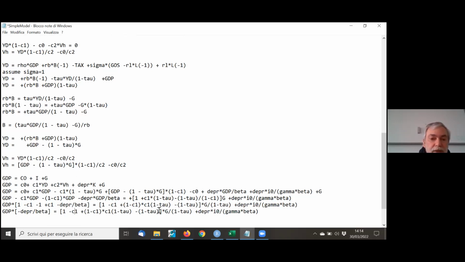And here we will have this term, and then we need to have tau, which multiplies 1 minus C1 times C1. Now this becomes minus 1 plus tau. So this minus 1 and the plus 1 go away.